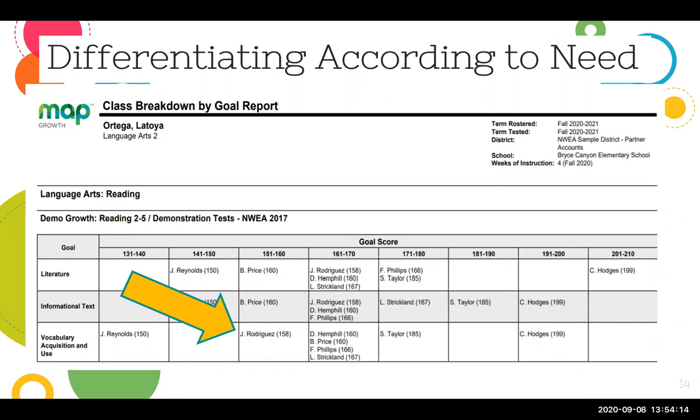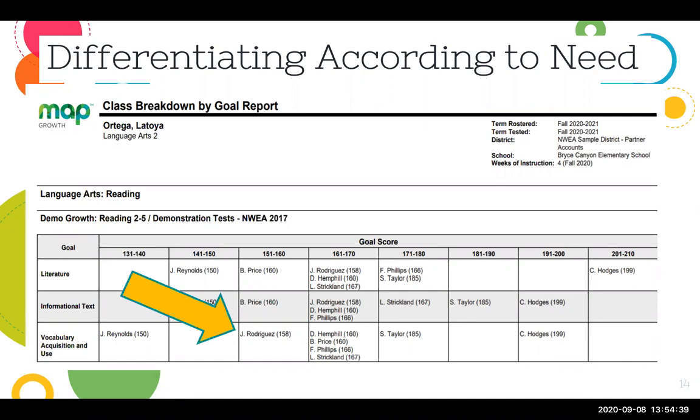This sample NWEA class breakdown by goal report uses student performance on the assessment to organize groups of students in bands along a continuum based on their current level of understanding. These bands identify the skills and knowledge that students have demonstrated, along with appropriate next steps in providing learning opportunities.